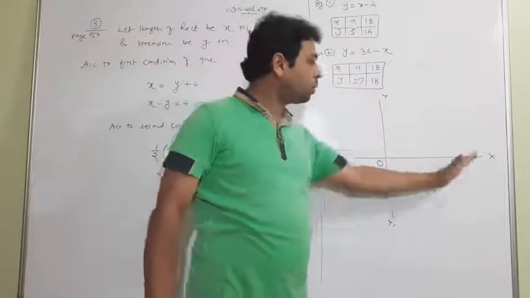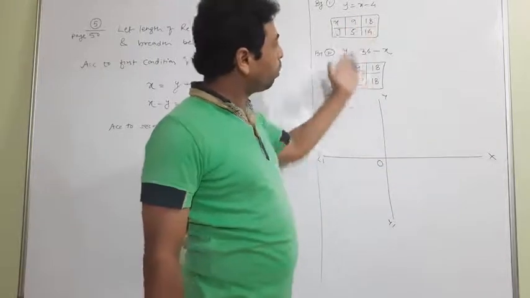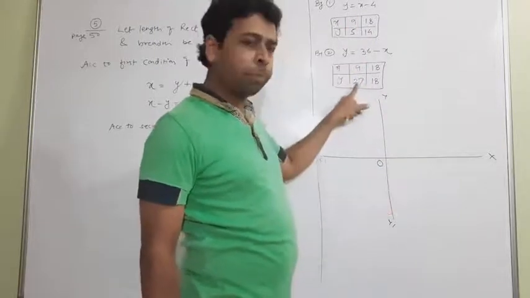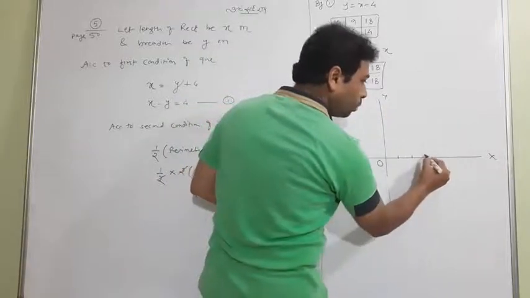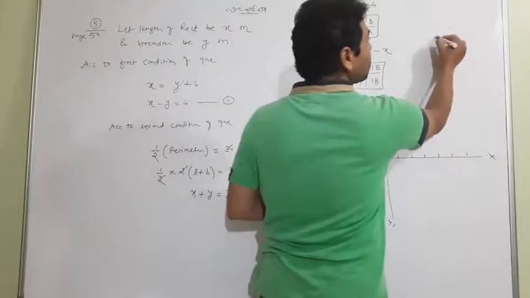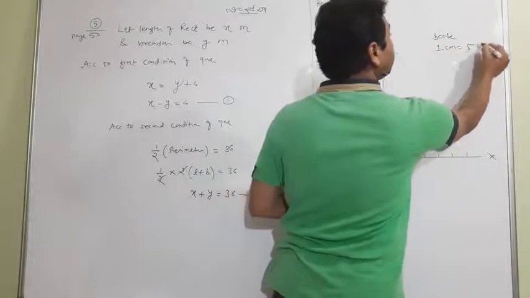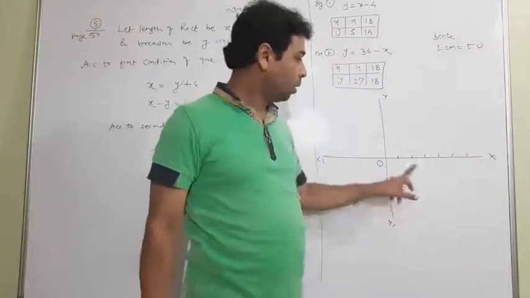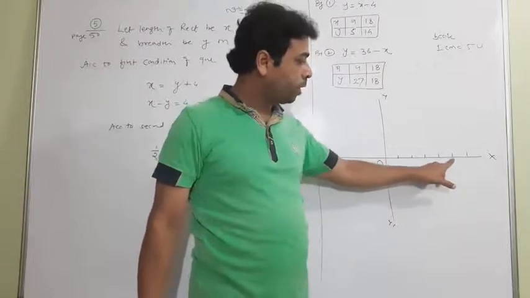Now, students, choose such a scale that you can plot all the points till 27, meaning till 30. So I'll go with 5. 1, 2, 3, 4, 5, 6. And I'll choose the scale here: 1 centimeter equal to 5 units. Try to understand, 5 units meaning 5, 10, 15, 20, 25, 30.